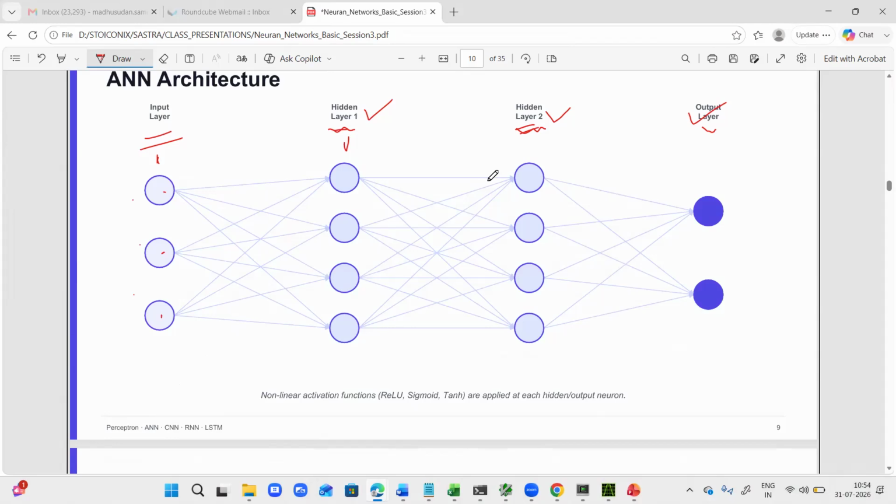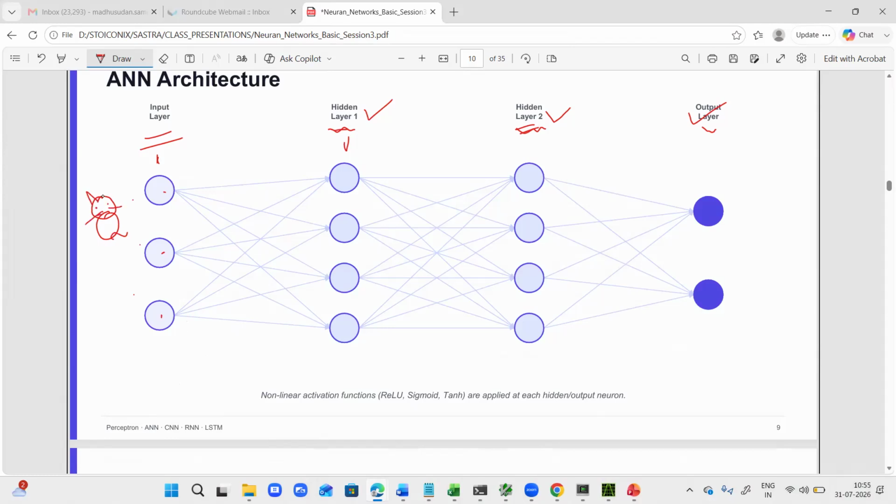As I told you, the more hidden layers, the better the ability of the neural network to learn and comprehend. Each hidden layer, in fact, learns a certain aspect from the input. To give a very, very crude example, let's say you have an image of a cat, like this.